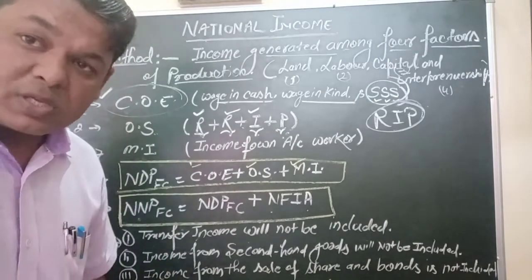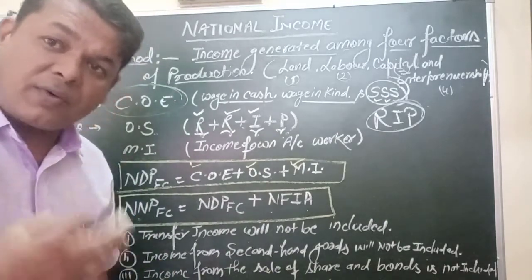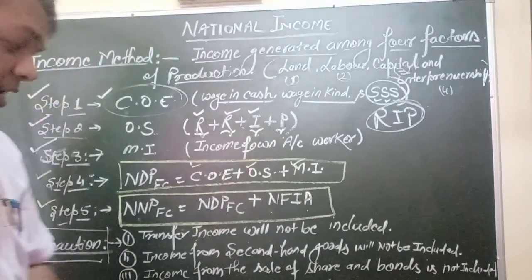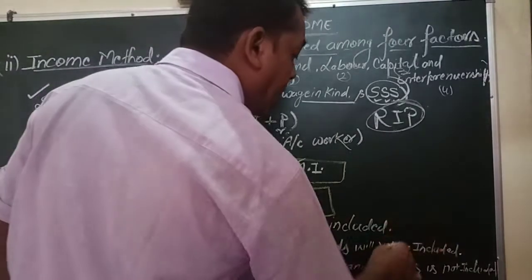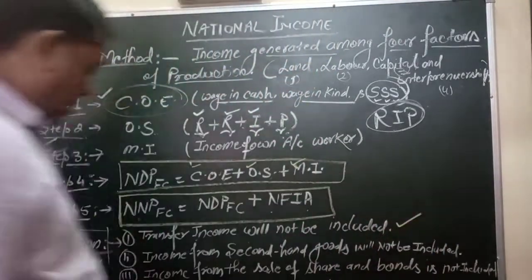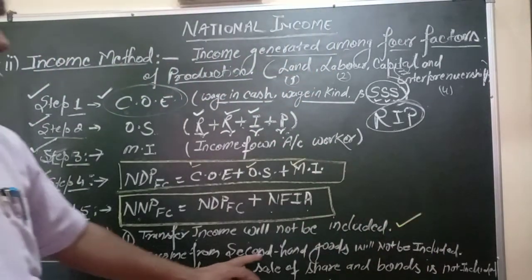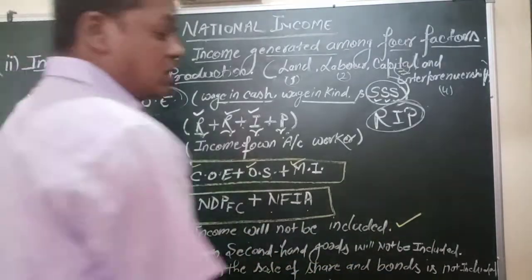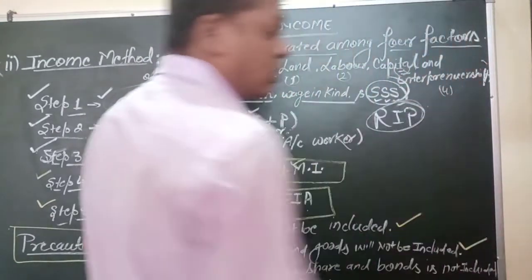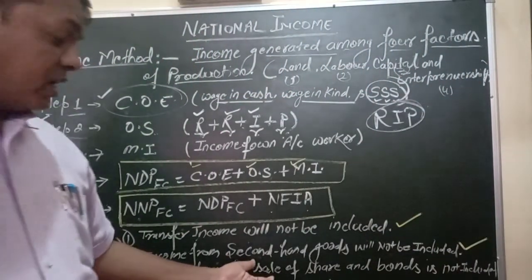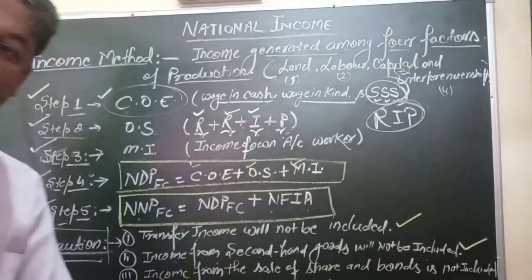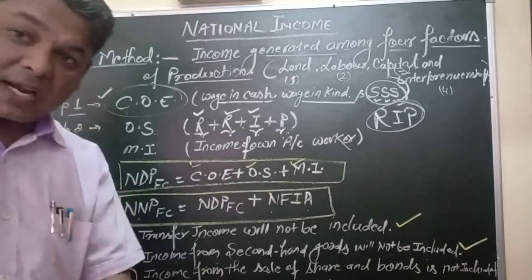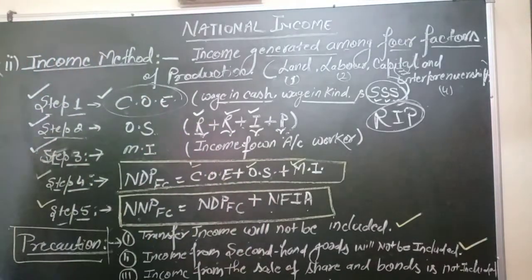Transfer means we are transferring some amount from here to other countries, so that amount will not be included. Second, income from second hand goods will not be included, because already the first time we paid for that and generated the income from the first hand goods. So second hand goods incomes will not be added.